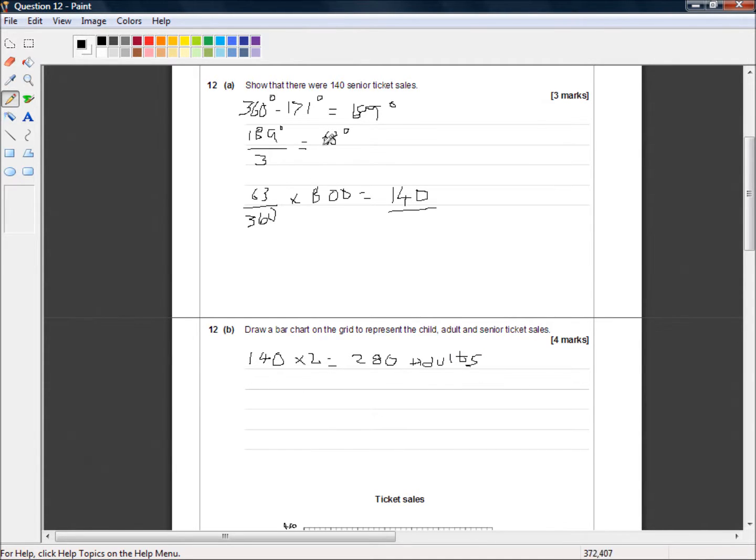And now for the children, we know that there was 171 degrees out of 360 degrees in an entire circle, and that entire circle represented 800 tickets.